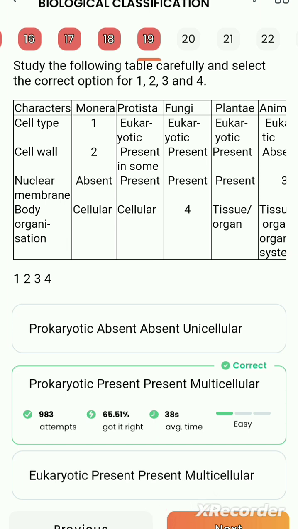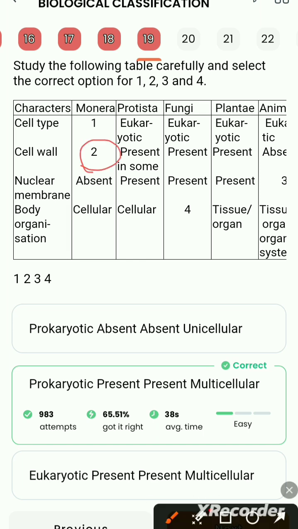Here the numbers 1, 2, 3, 4 have been mentioned. So for 1, 2, 3, 4, what option will come? For 1, first the cell type in Monera is prokaryotic. Okay. So in option B, the first one is prokaryotic. Cell wall is present. Yes, of course, present. So option 2, here you can see, cell wall is present. Option 1, Monera belongs to prokaryotes, so it is present here.